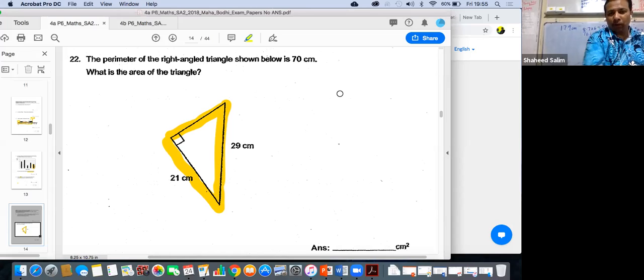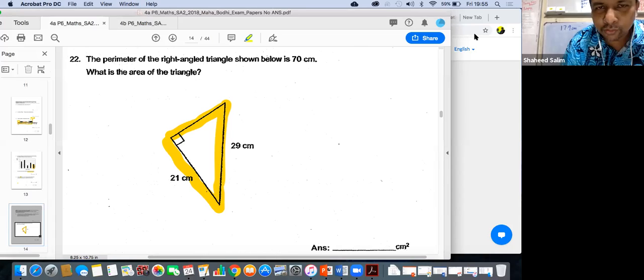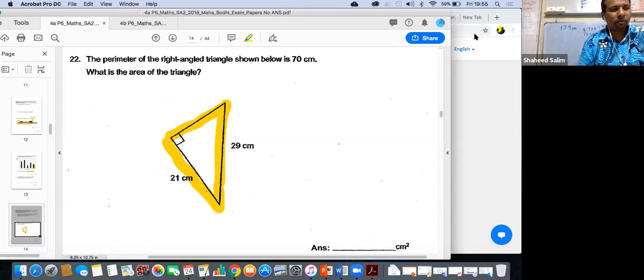$210. How confident are you that 210 is the answer? High or low? Is it above 100? My answer is 304.5 centimeter square.